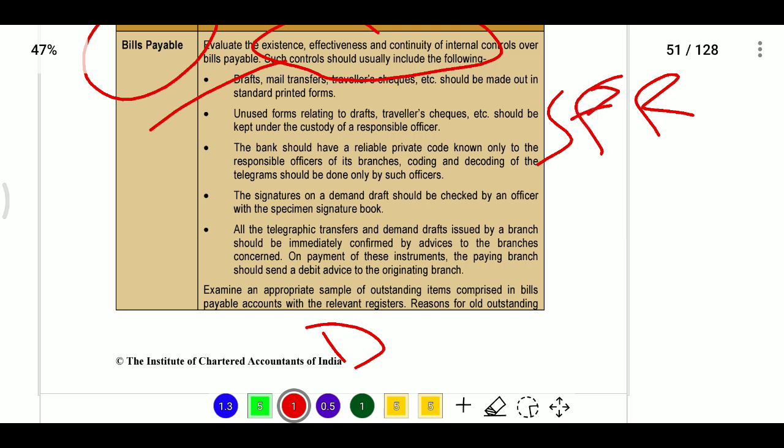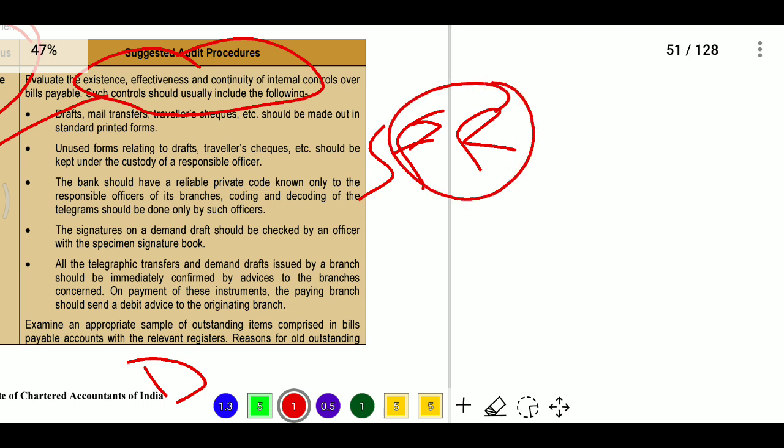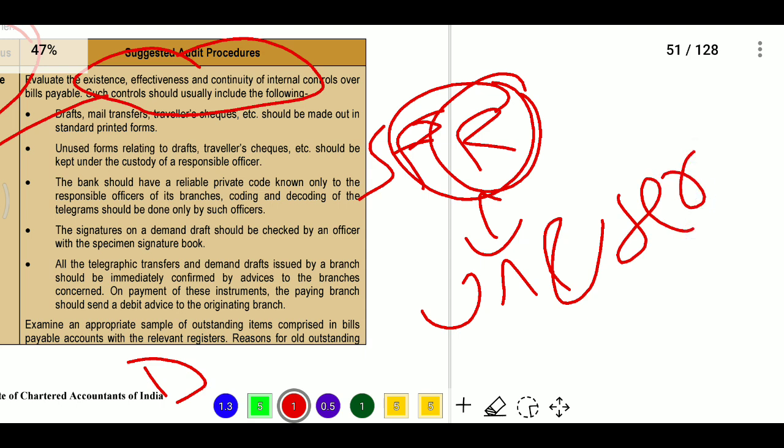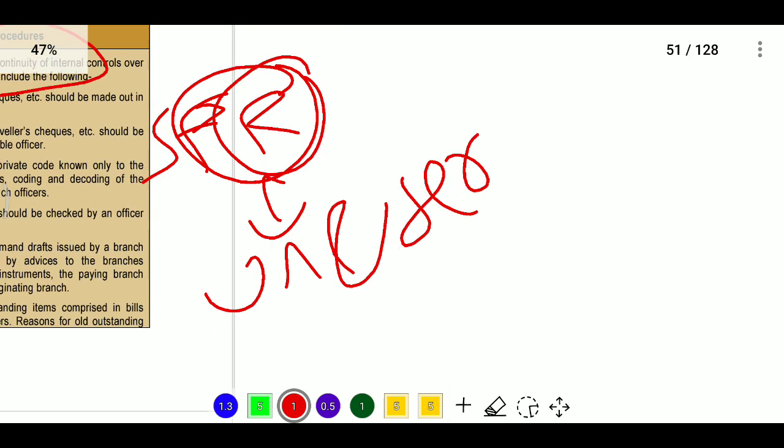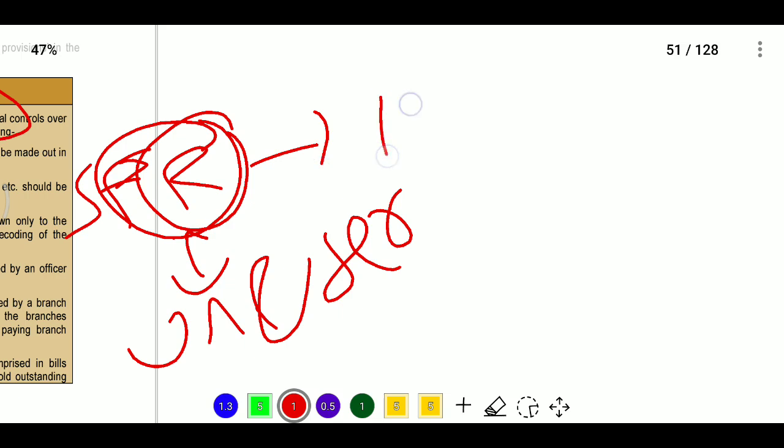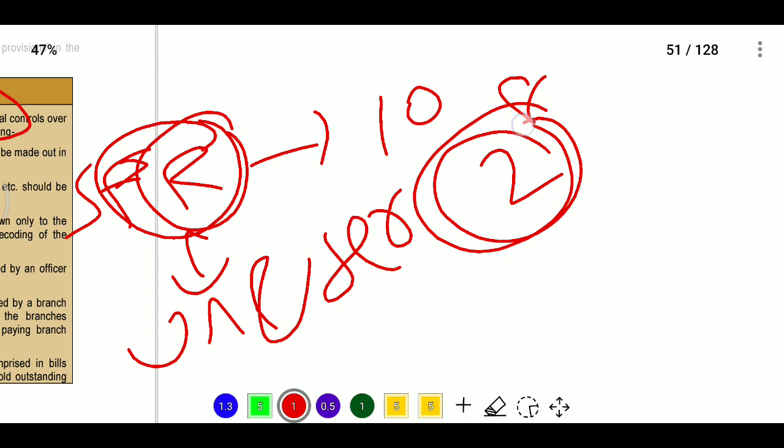They need to maintain standard printed formats for the purpose of sending drafts or mail transfers. These are standard printed forms, and whatever forms they are using, there will be unused forms. If they printed 10 forms, utilized 8, and the remaining are pending, these are unused forms.